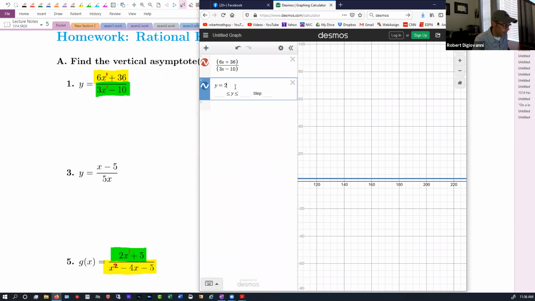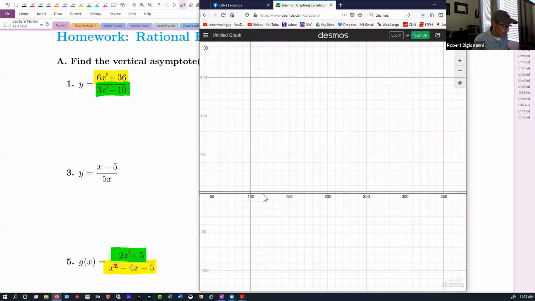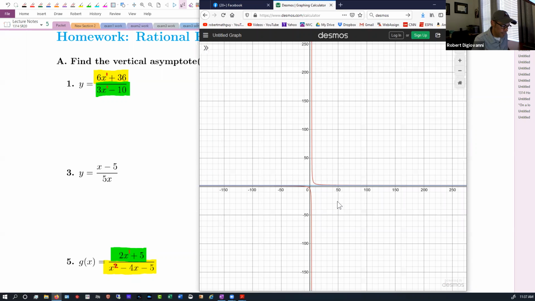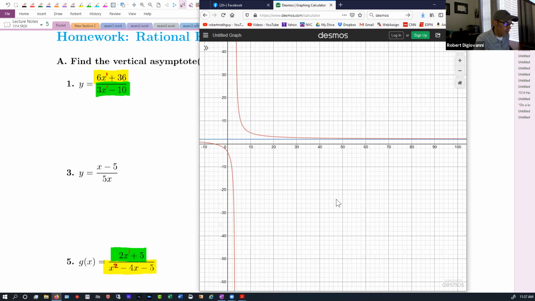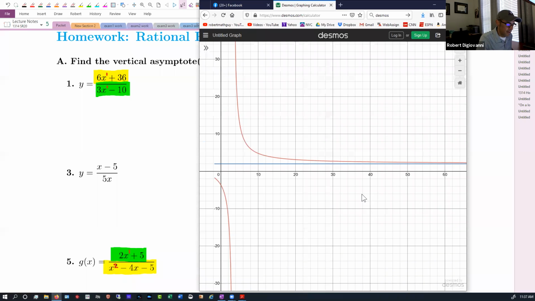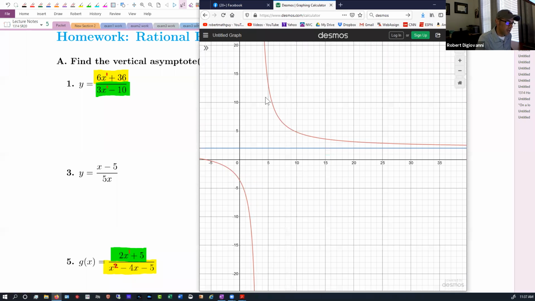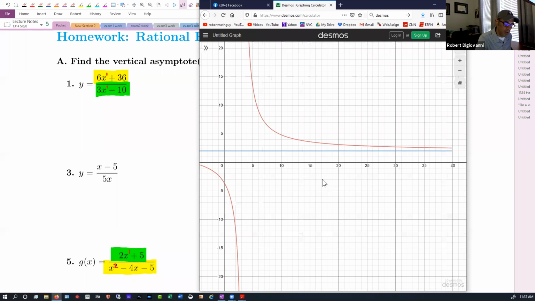So it's hard to see this, but this red function right here is getting closer and closer to this blue line.